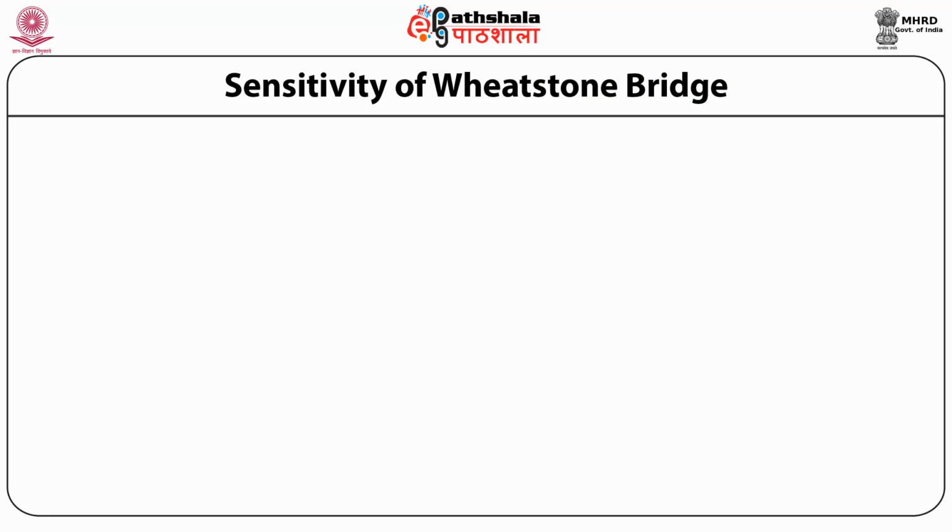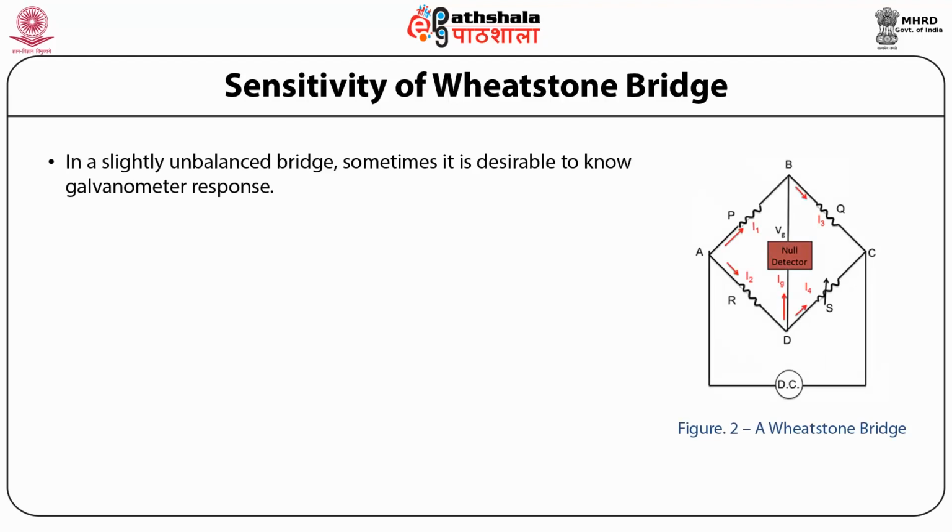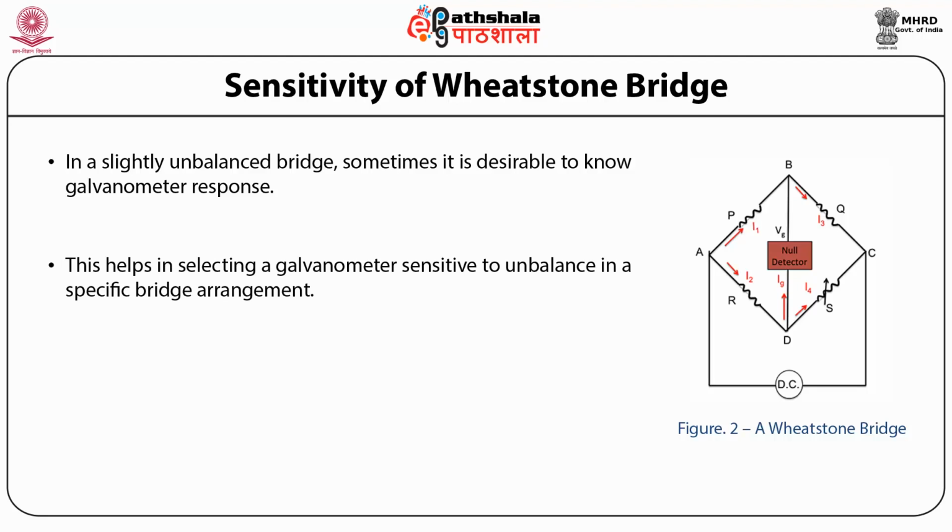Now we look into the sensitivity of the system. The sensitivity of the Wheatstone bridge. In a slightly unbalanced bridge, sometimes it is desirable to know the galvanometer response. This helps in selecting a galvanometer sensitive to unbalance in a specific bridge arrangement.